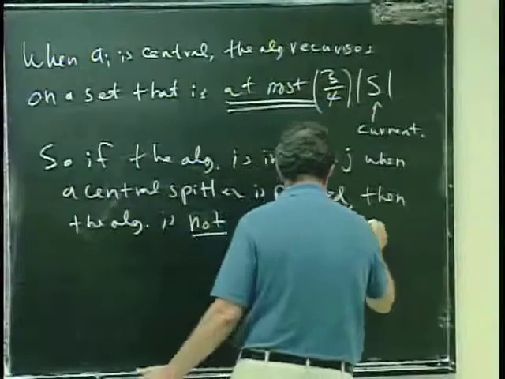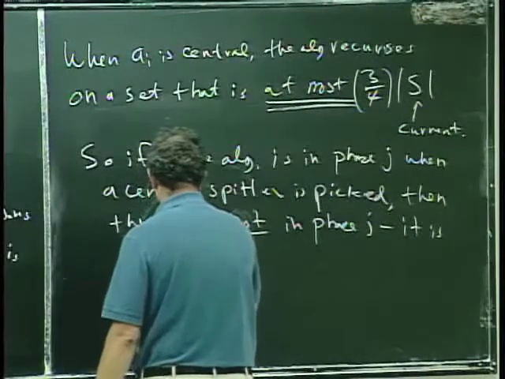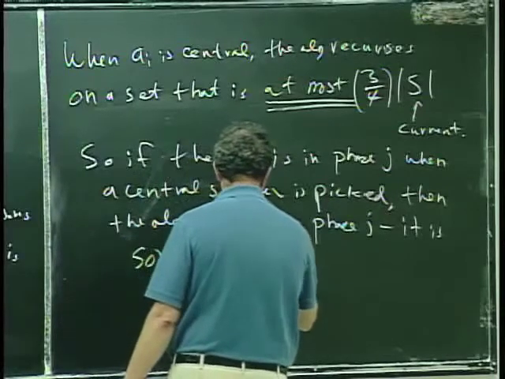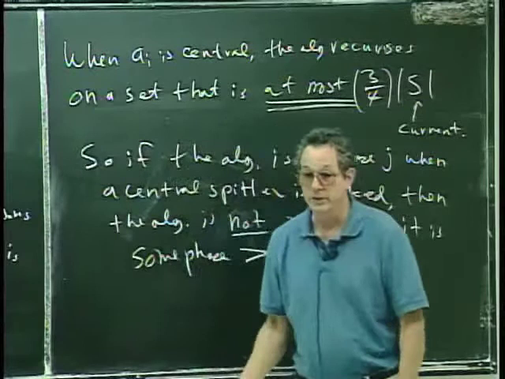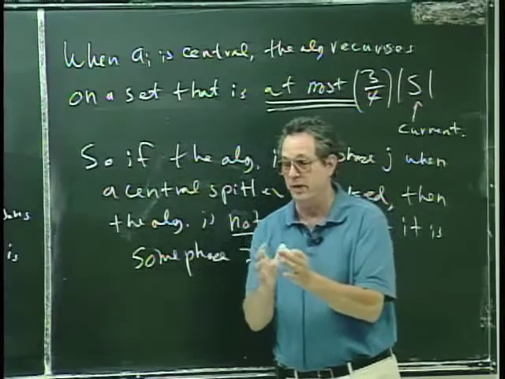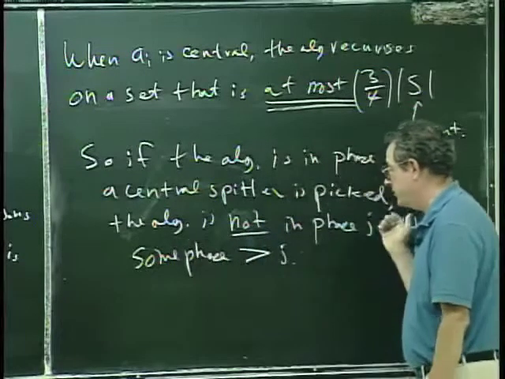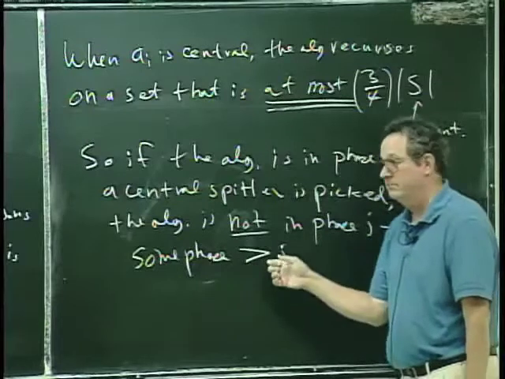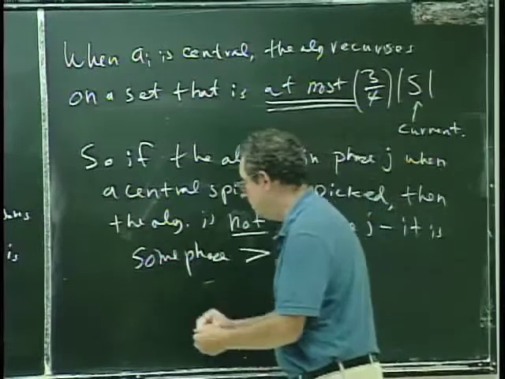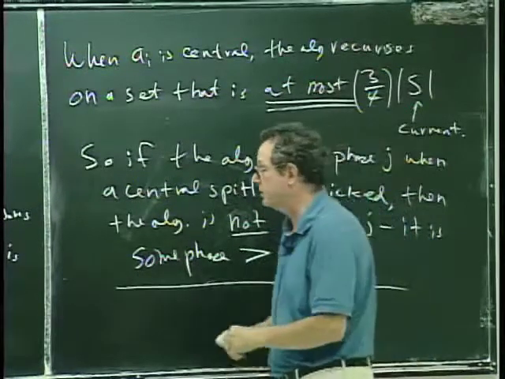What phase is it in? It is in some phase greater than j. And again, I don't know for sure it's in phase j plus 1. It really depends on how much S really shrank. But what the analysis says is that it can't be in phase j anymore. It's got to be in some bigger phase. Okay, so I know there's a lot of pieces to this argument, but hopefully things are proceeding logically.